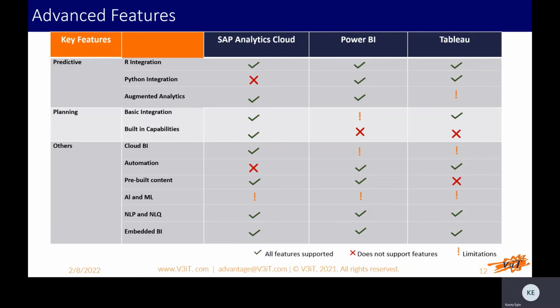One thing, they all have pretty much everything for predictive, but SAC does not have Python integration. So if Python is used a lot by your company, then SAC may not be the best option, but Power BI and Tableau have that.